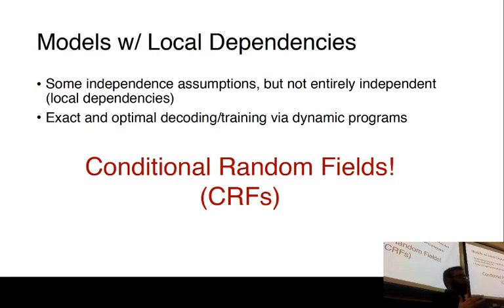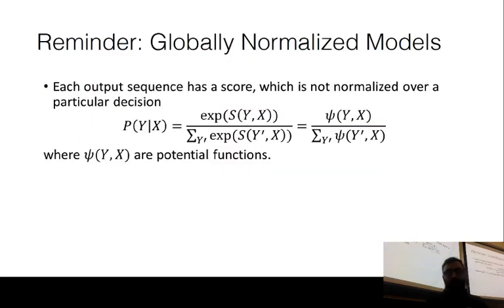So let's see how these things work. As a reminder, what we want is to learn the correct distribution of y given x, of sequence outputs y given some sequence input x, or well, in the case of language, it's usually sequences.